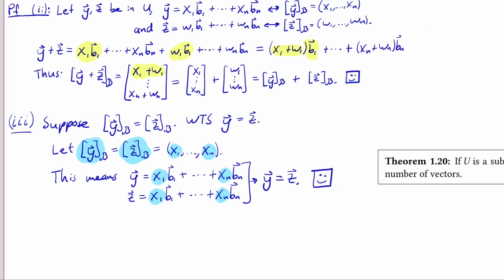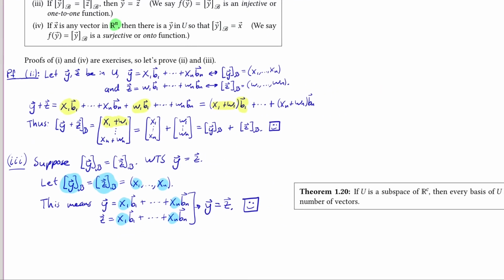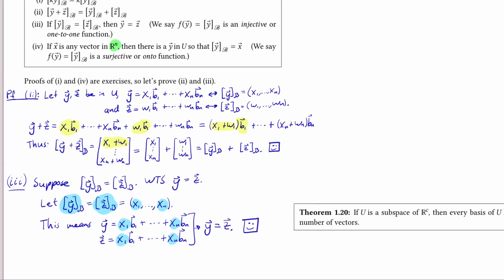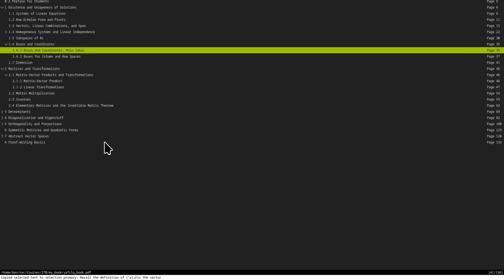Okay, so this is a really simple proof that uses weird notation that you're maybe not that used to. So the coordinate vector notation is naturally confusing for a lot of people. So it is important, if you get confused by these proofs or you have trouble understanding what these things are saying, to just go back to when coordinates were introduced in 1.6.